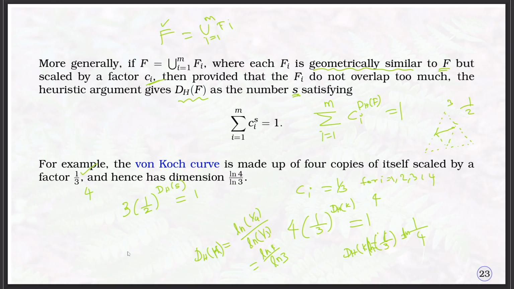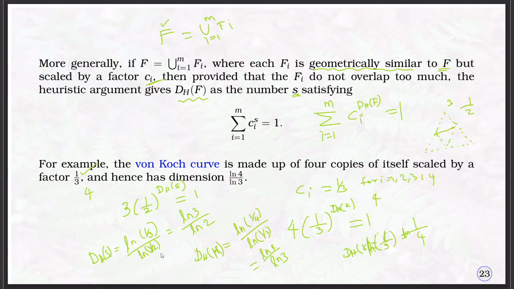If you take the logarithm, then dimH of S is ln(1/3) over ln(1/2), which is equal to ln 3 by ln 2. This is the dimension of the Sierpinski triangle.